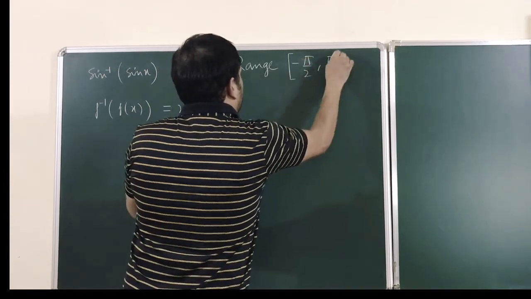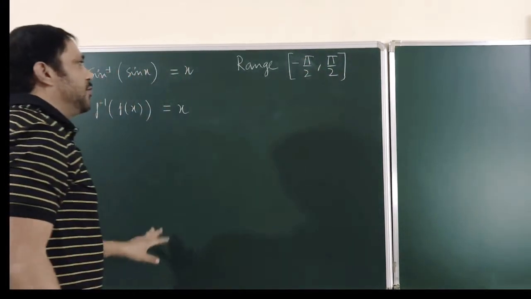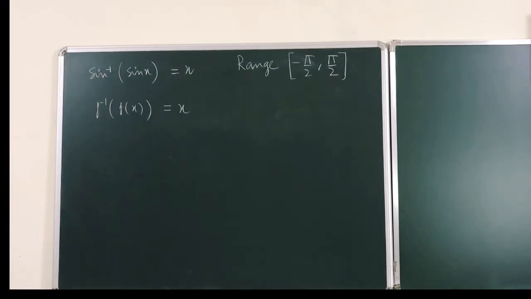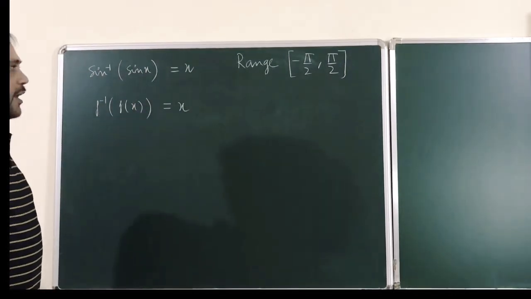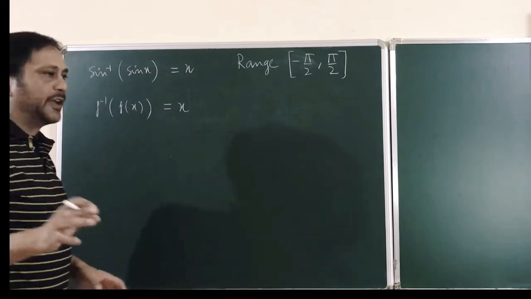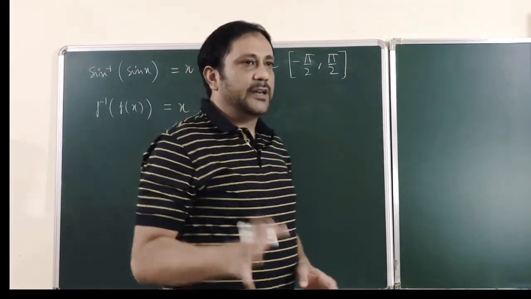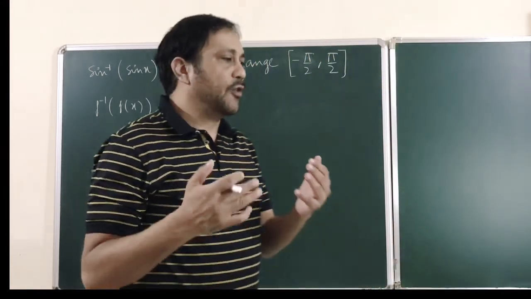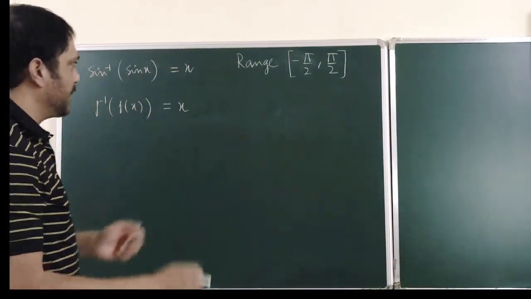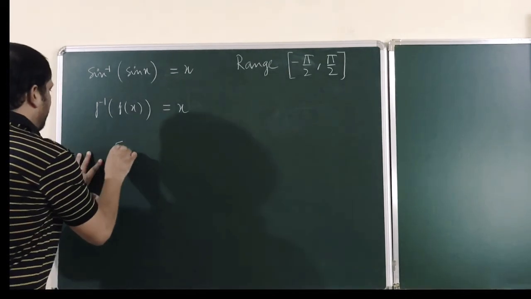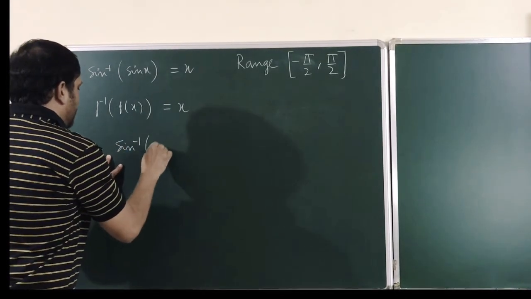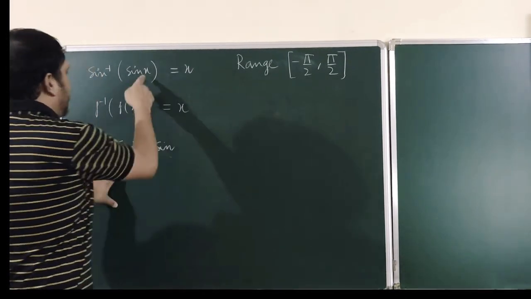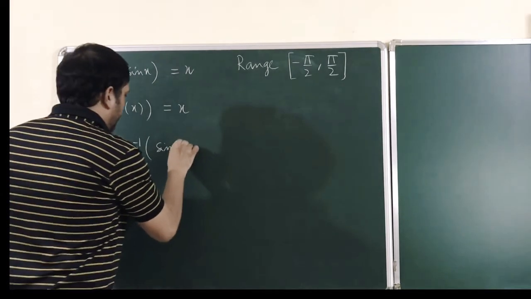That means I cannot have an answer more than pi by 2, nor less than minus pi by 2. So what will happen here? As long as I'm putting the x value from minus pi by 2 to plus pi by 2, there is no problem. Whatever input I write, I'll get the same answer. Let's say I replace this x by pi by 3.